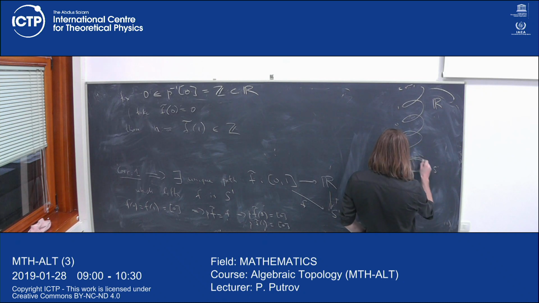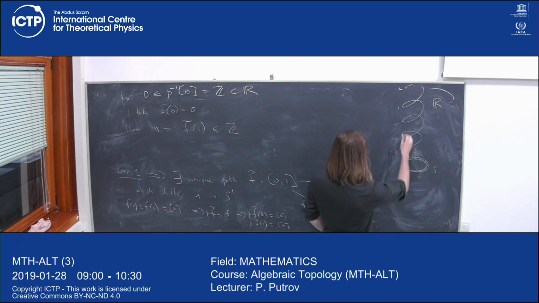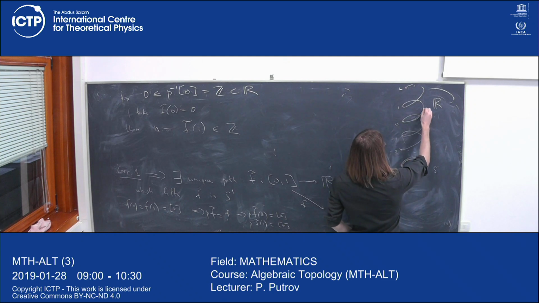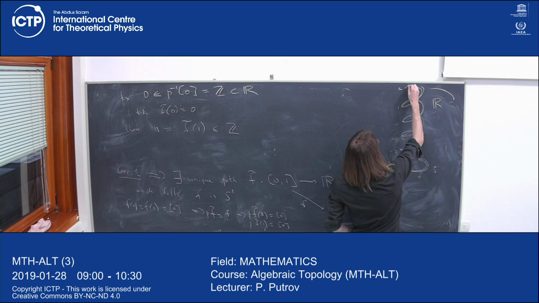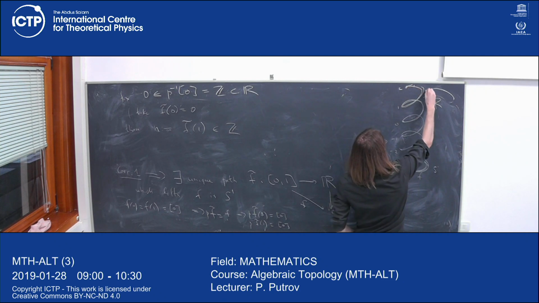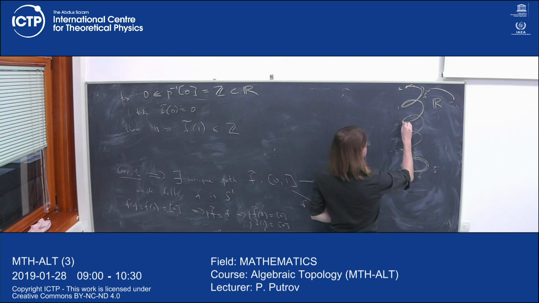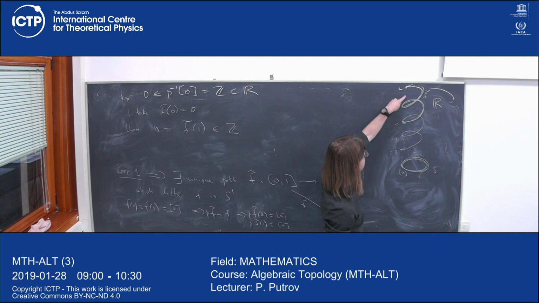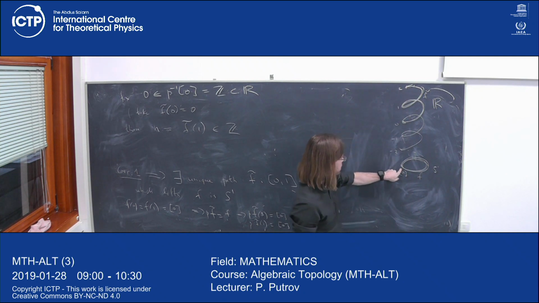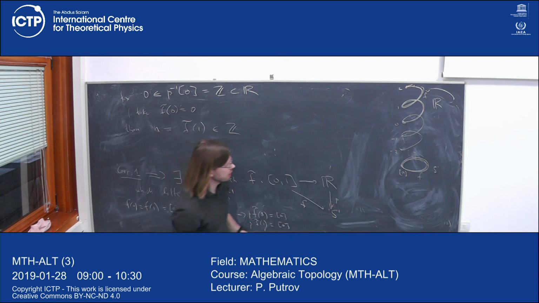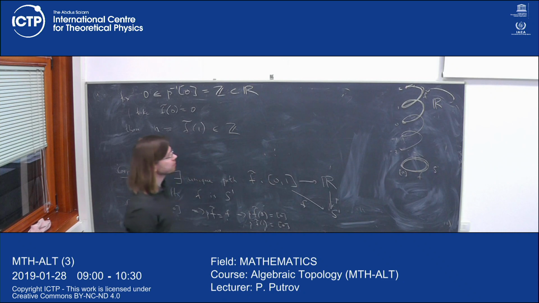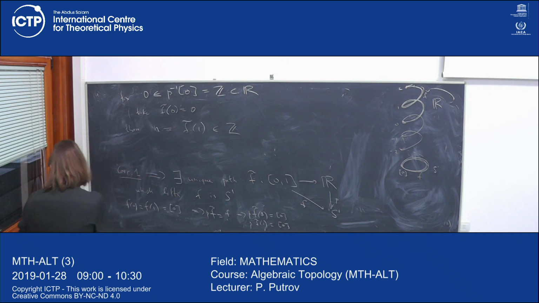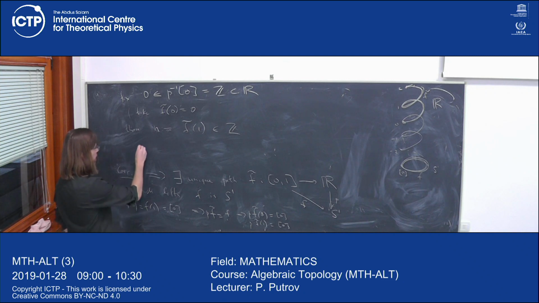If you have some path f here, which winds multiple times, the lifted path would be like this. You start at 0, so you fix a start point, but generically you should end up at some integer number, which projects to the same point here. So this defines alpha.